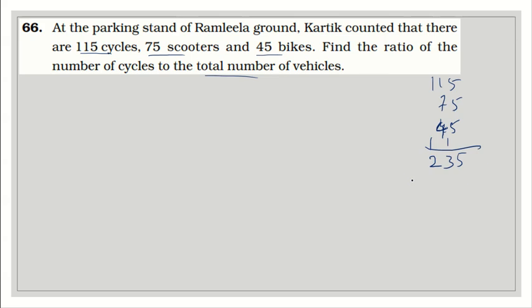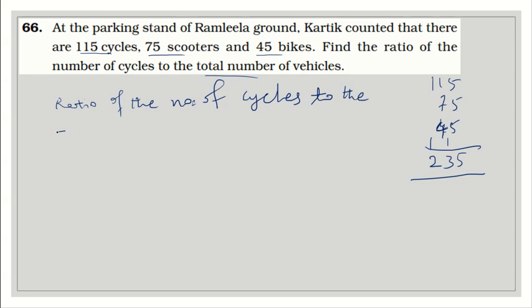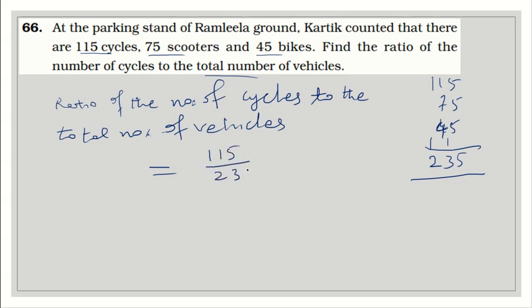Now, when there are total 235, the ratio of the number of cycles to the total number of vehicles will be 115 upon 235.